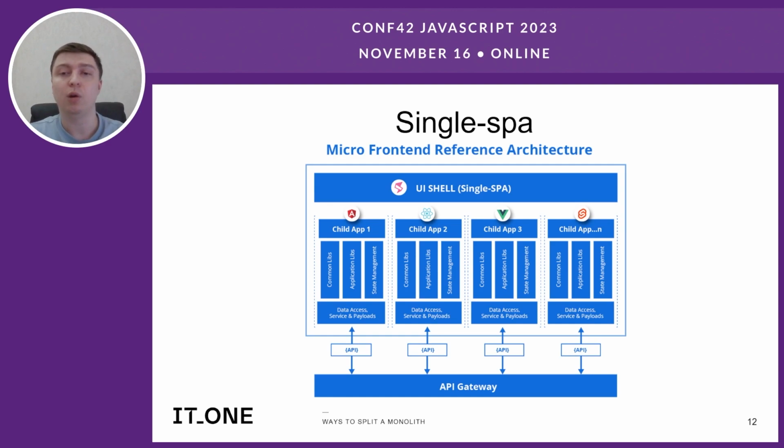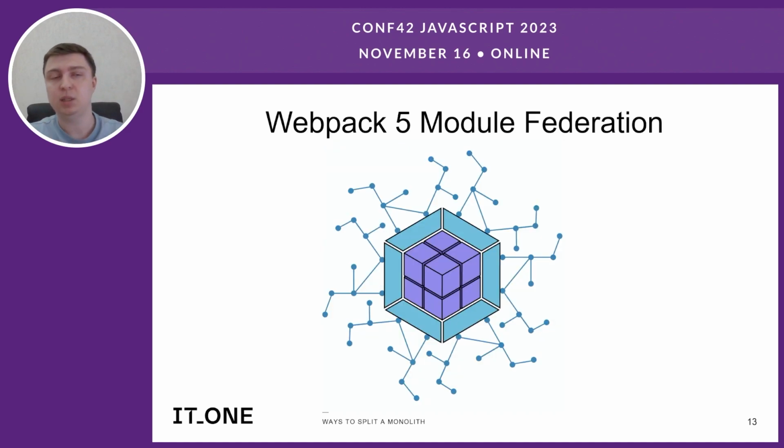It also allows us to use application lifecycle methods like loaded, mount, unmount, and it allows us to set a config that will control which applications should be loaded on which routes.